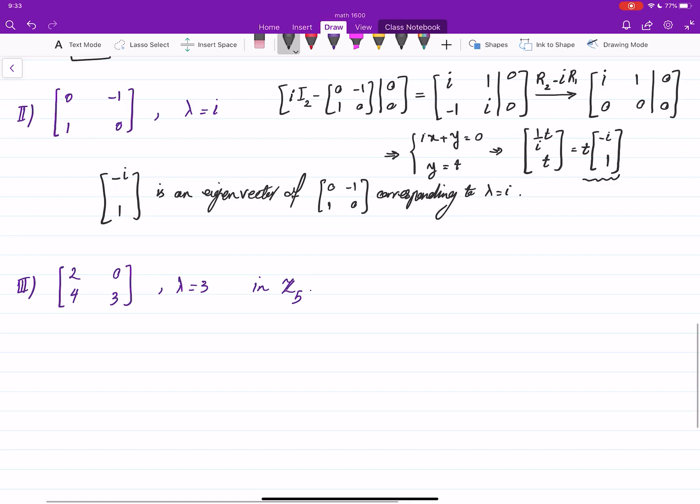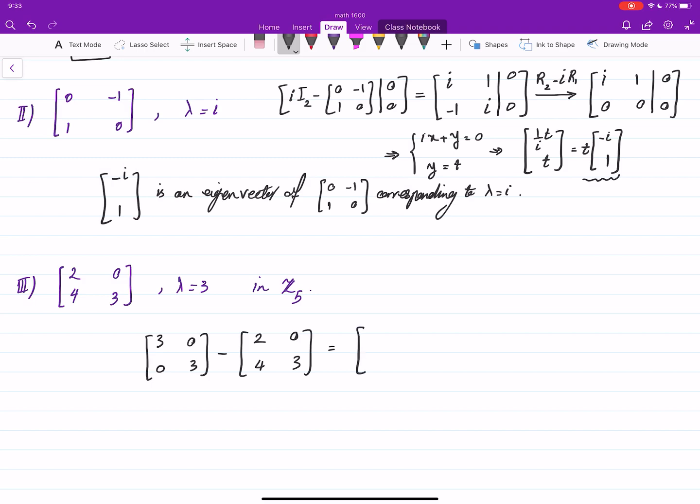Oh, the same old thing. So here I have lambda just 3, so 3 times the identity minus 2, 0, 4, 3.